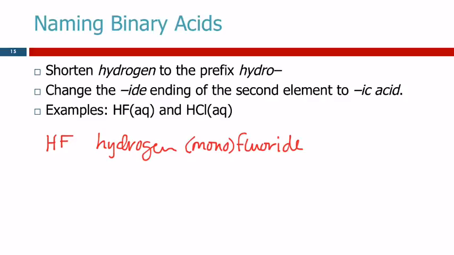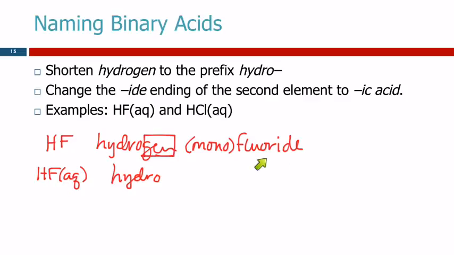So if we dissolve this in water, it becomes an acid. And we're going to name it as an acid. So then we take this hydrogen and we shorten it to hydro. So we're just getting rid of this gen part. We're cutting that out.